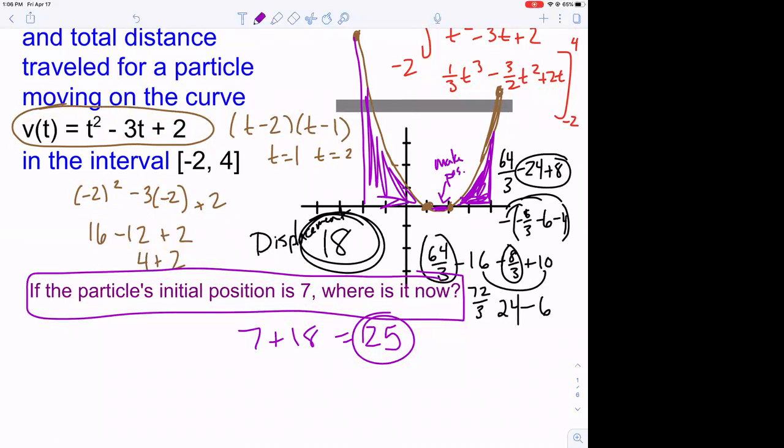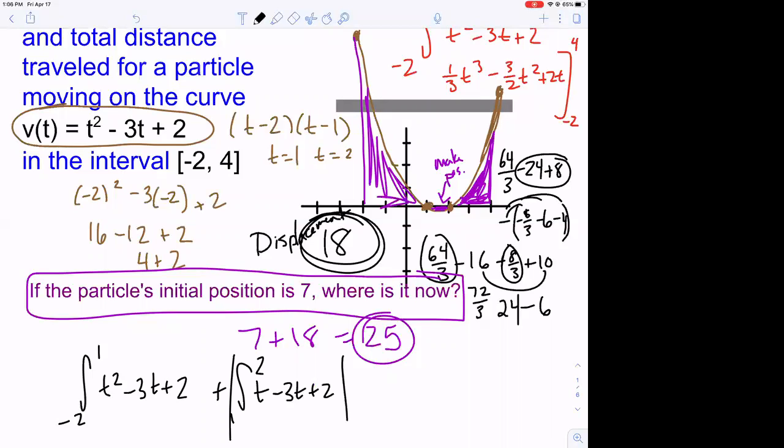So you would have to find the integral from -2 to 1 of this function, find the integral from 1 to 2 of this function and make it positive, and then find the integral from 2 to 4 and add all of those together. I don't think we should do that by hand. That'd be a little bit much, right?